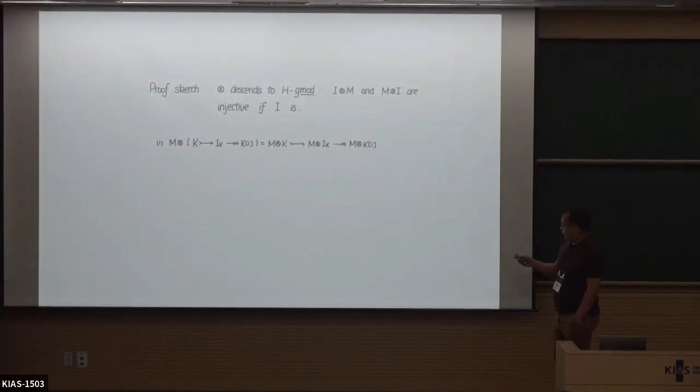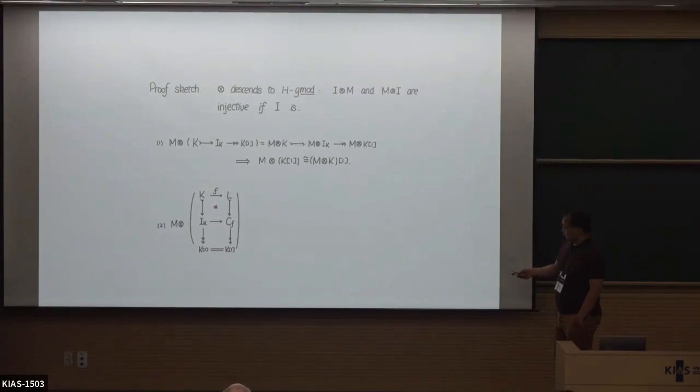Then you want to verify that this tensor product structure commutes with distinguished triangles. Again, remember how distinguished triangles were constructed. You form the cone, the push-out diagram of this embedding into an injective and an arbitrary H-module homomorphism, and this part was the distinguished triangle.